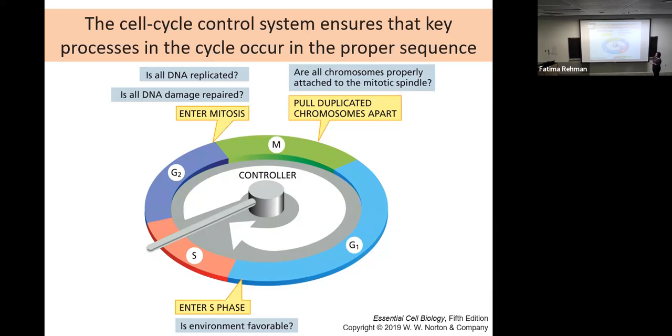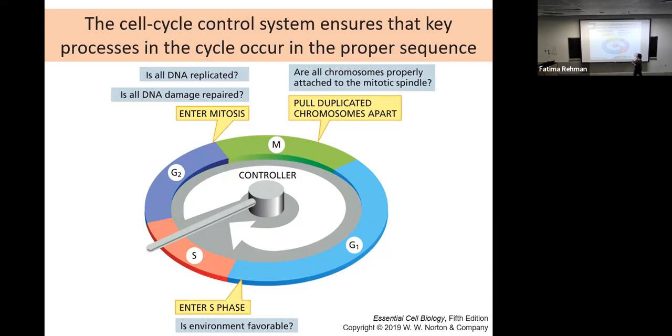Once it finishes S phase and goes into G2, it will not enter mitosis until it makes sure that all the DNA is replicated and it's done so with precision. If there are issues, it's going to stall and fix the damage and make sure that it can still be moved. It will also do another check of the environment and make sure there are still enough nutrients and space available for it to continue.